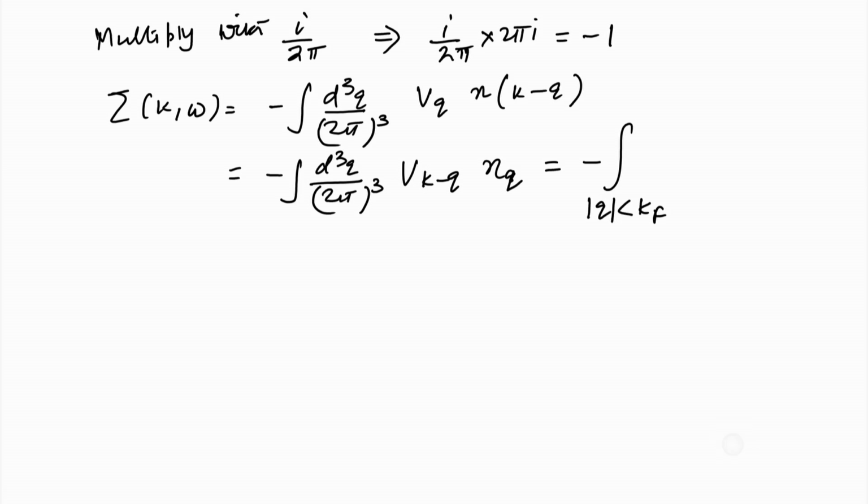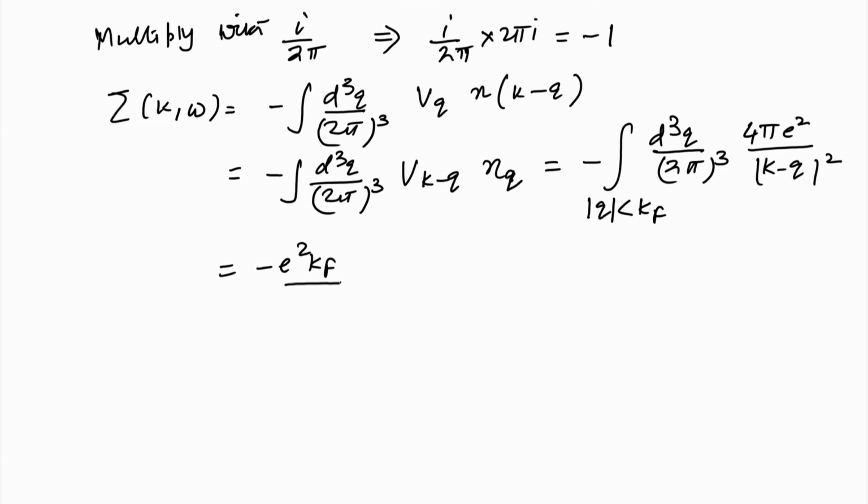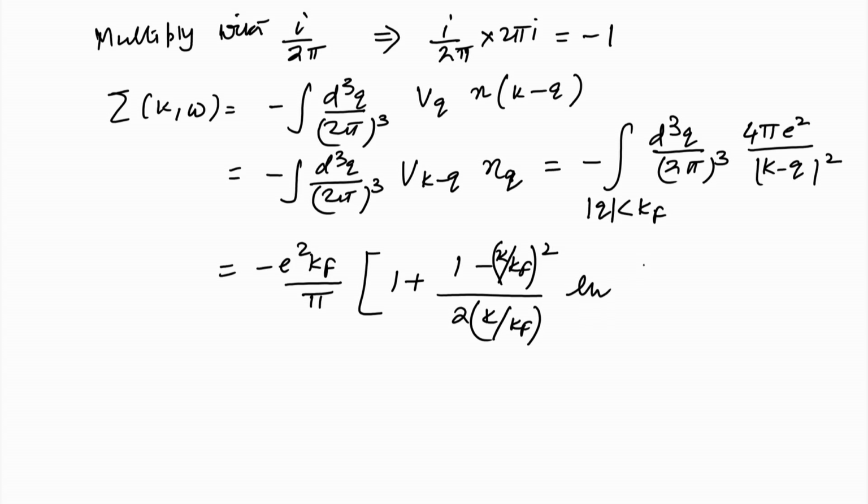So, I simply get d cube q by 2 pi whole cube and 4 pi e square over k minus q whole square, and if you perform this integral, it becomes equal to e square k f over pi and 1 plus 1 minus k over k f whole square divided by 2 k over k f and log of k f plus k over k f minus k.